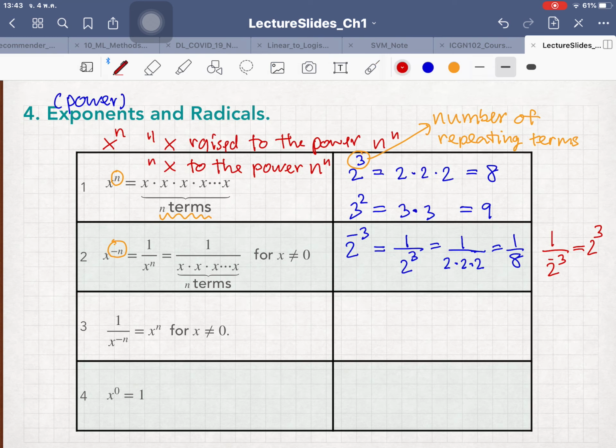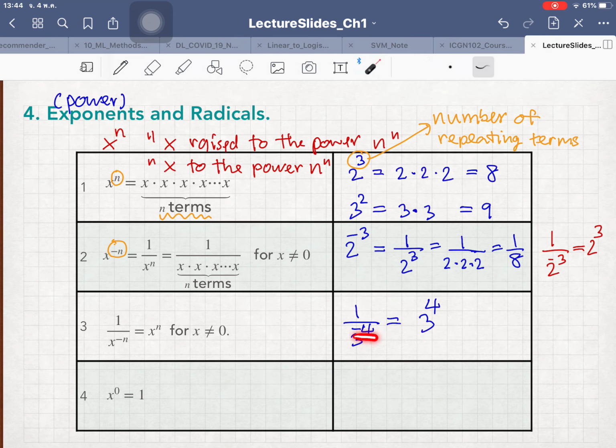So I can give you one more example. How about if we have 1 over 3 to the power minus 4. Here, when you don't want to make it in the form of the reciprocal, or flipping upside down, you can change it to be 3 to the power 4.